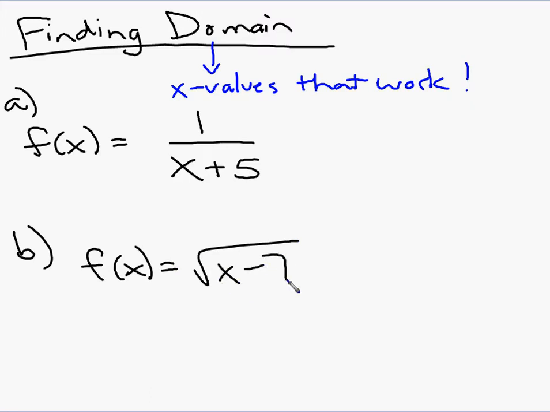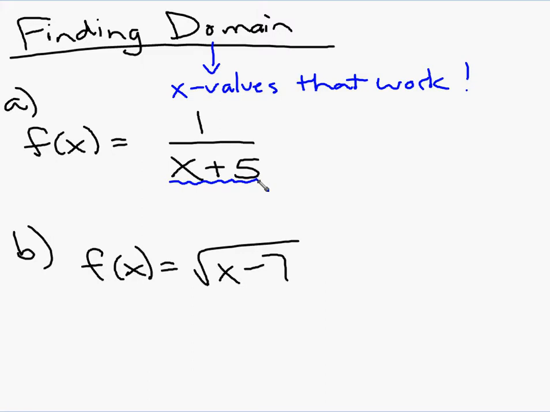Okay, let's look at situation A first. Remember, domain talks about the x values that work in the function. Look at this function. I've got this expression in the denominator. Do you see an x value that would give me 0 in the denominator?